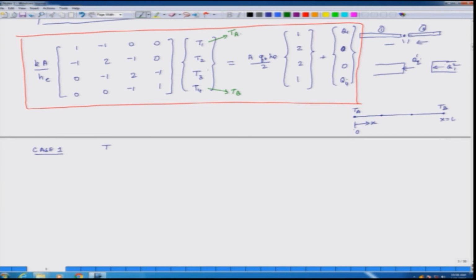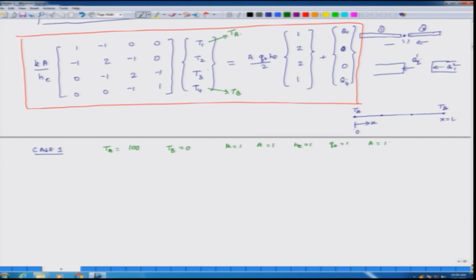Okay. So, let us say that T A equals, what did I assume, 100 degrees, T B equals 0, and then for sake of simplicity I have assumed a lot of things as unity. So, I say K equals 1, A equals 1, H E equals 1, so that our computation becomes faster, that is all, and Q naught equals 1.